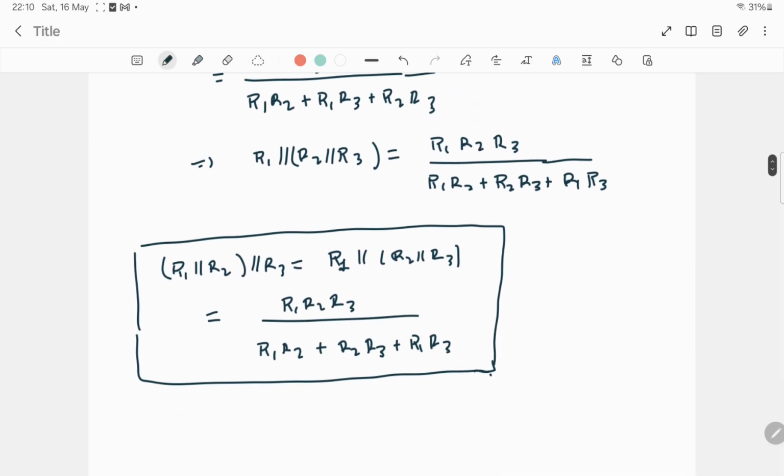So in this case, it doesn't matter if I start working from the outside to the inner, or from inner to the outer, I'm going to get the same result.